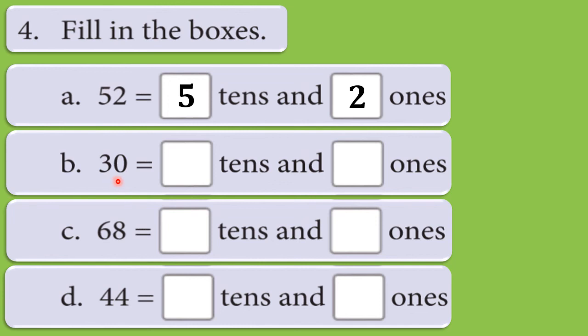And in the number 30, there will be 3 tens and 0 ones. In the number 68, there will be 6 tens and 8 ones. And in the number 44, 4 tens and 4 ones. So this is how we can write the number of tens and ones in the given numbers.